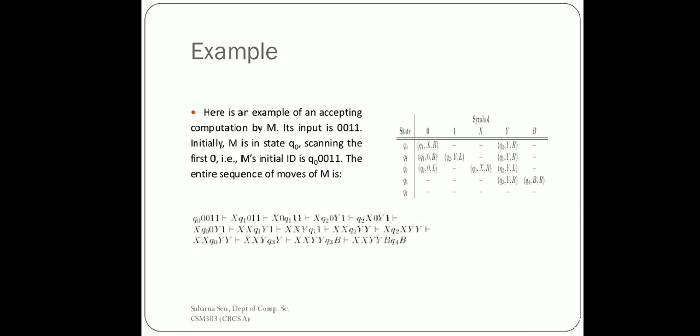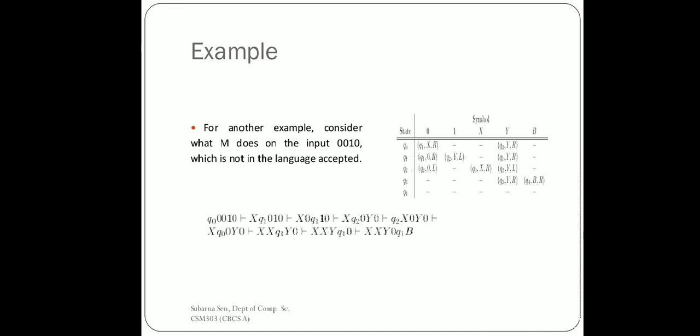In this fashion, if you keep on moving, you will see at the end all the zeros have been converted to x, that is xx, and the ones have been converted to y, that is yy. So xx, yy, and now a blank has been scanned and q4 has been reached. So there will be a blank after q4. So it has been accepted.